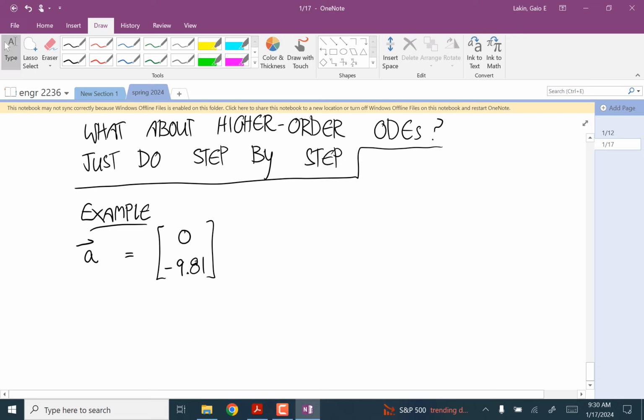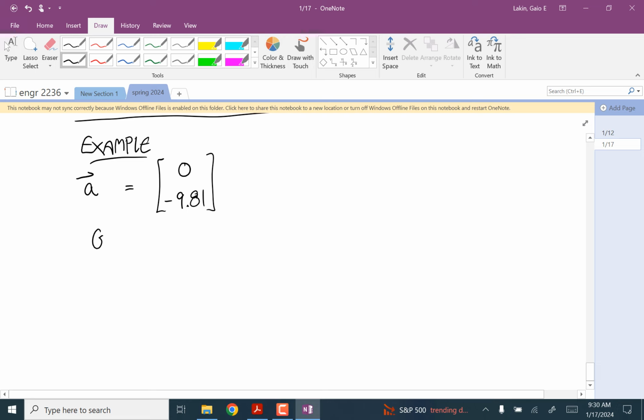Okay, and let's say that we're given that when time is equal to 0, the velocity vector is v0x, v0y. Those are constants.